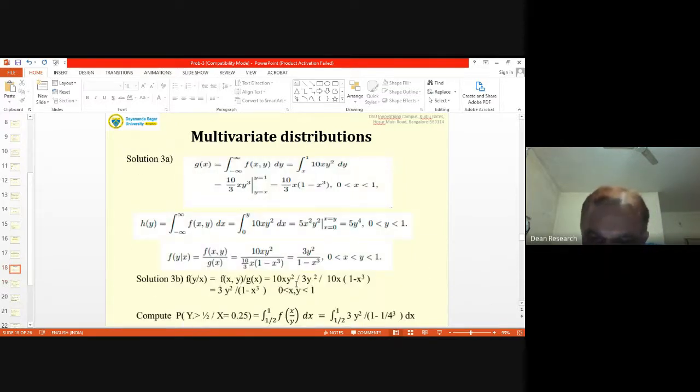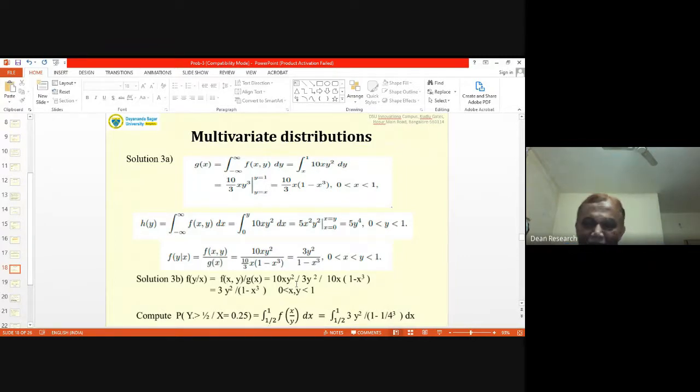I have made a small mistake here. I think I skipped one line, which is why it is coming this way. The integral from half to 1 of f of x given y, which is given in the formula that we derived, into dx. Now substitute f of x given y in this formula and integrate with respect to dx. We should get the value.